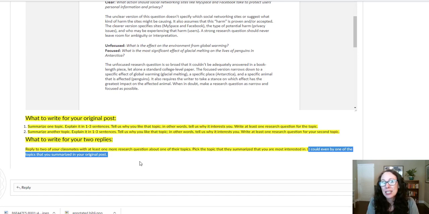So this step is a brainstorming step, a first step into thinking about the different topics. And as we go forward in the next couple of weeks, you're really going to focus that down, and it will be much easier to write your research paper.